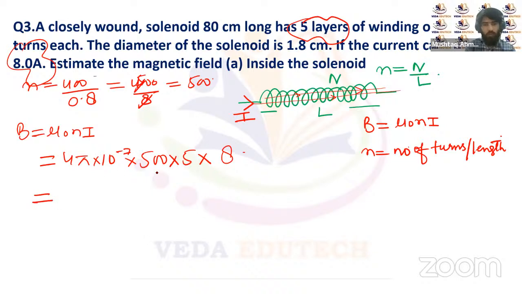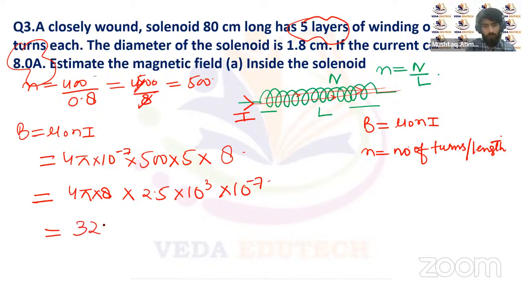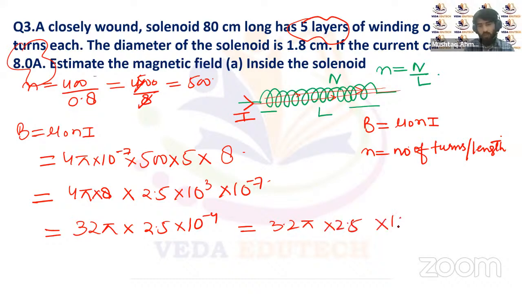So the total magnetic field will be 4 pi multiplied by 8, into 2.5 into 10 to the power 3, into 10 to the power minus 7. So it is equal to 32 pi multiplied by 2.5 into 10 to the power minus 4, or we can write it as 3.2 pi into 2.5 into 10 to the power minus 3.